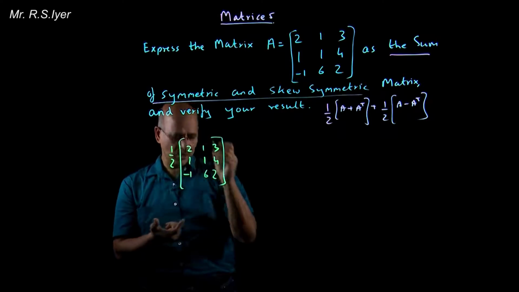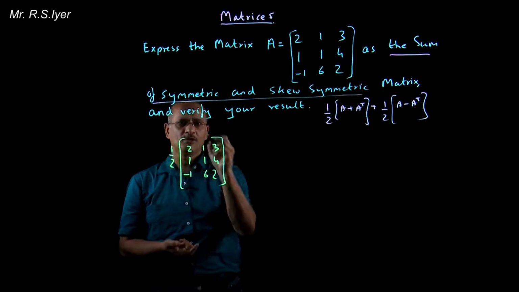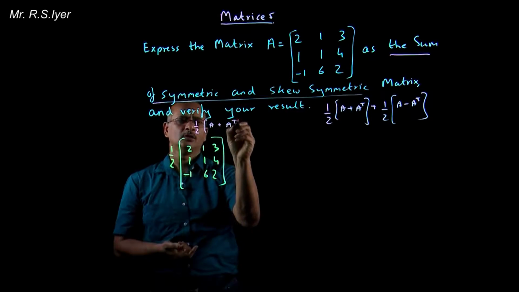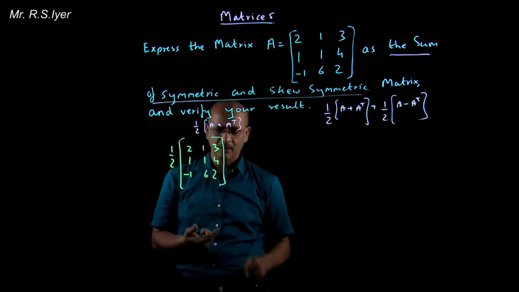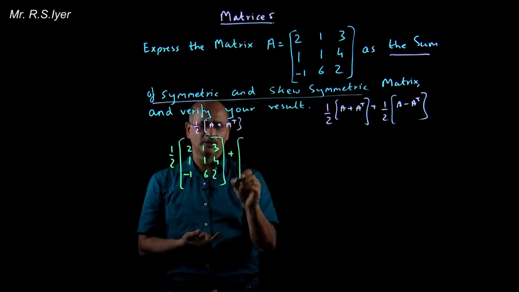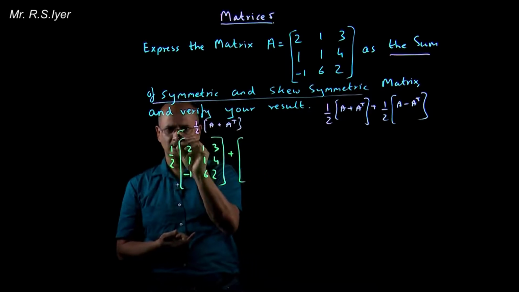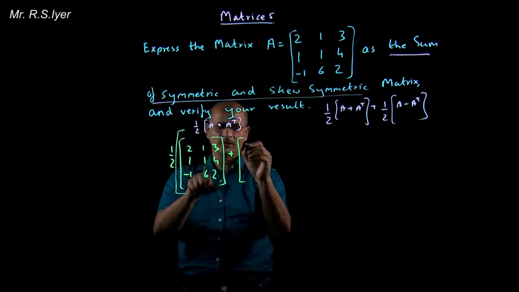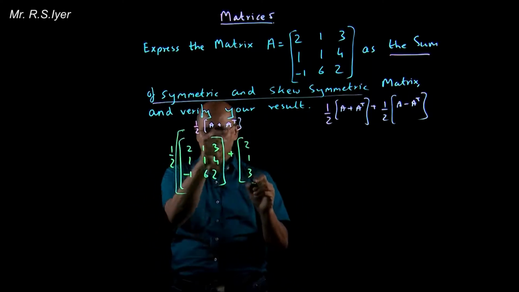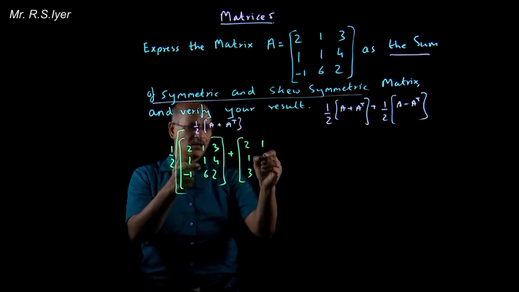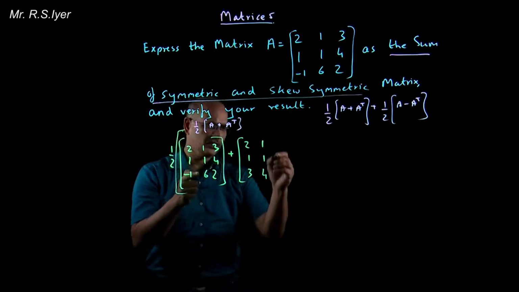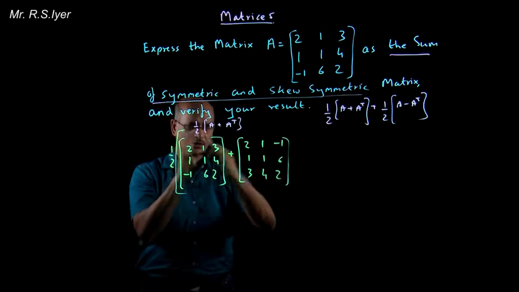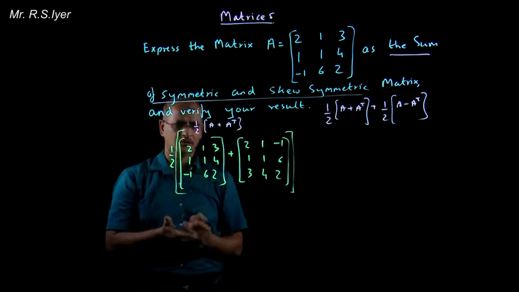Remember what I am doing here, it is half of A plus AT. So plus AT. I put across this bracket as it is, and AT means transpose of this one. So 2, 1, 3, the first row becomes the first column, then 1, 1, 4, then minus 1, 6, 2. Close this operation, this is the way.